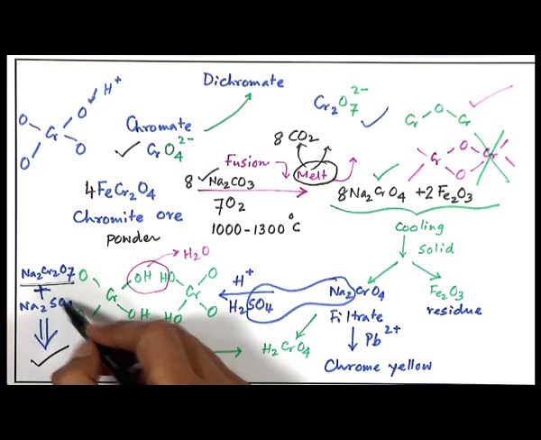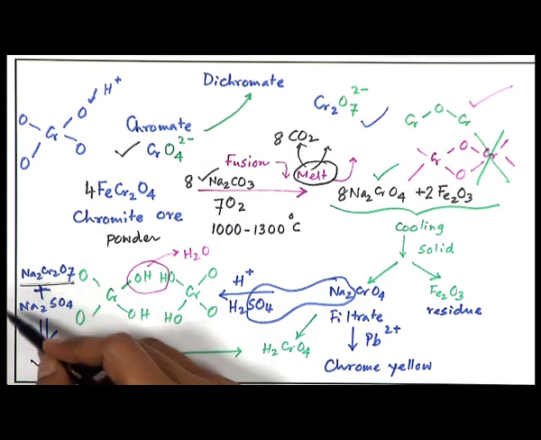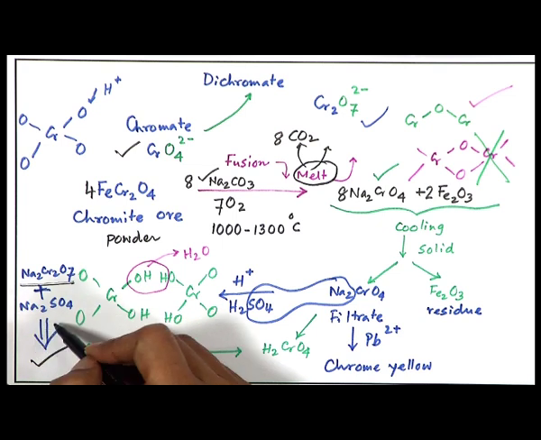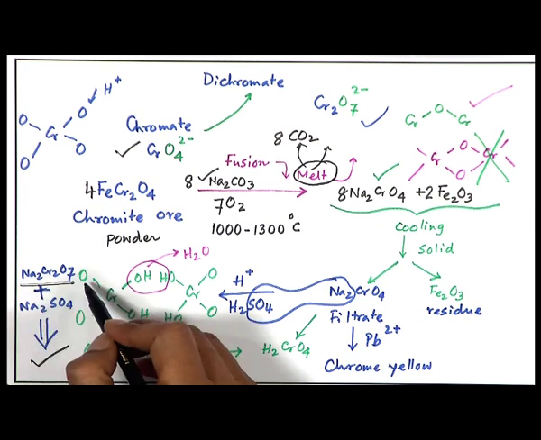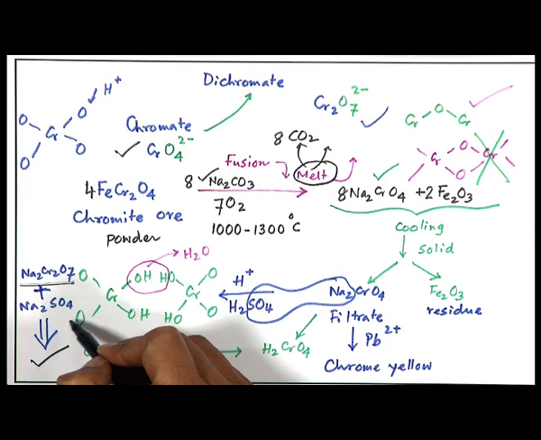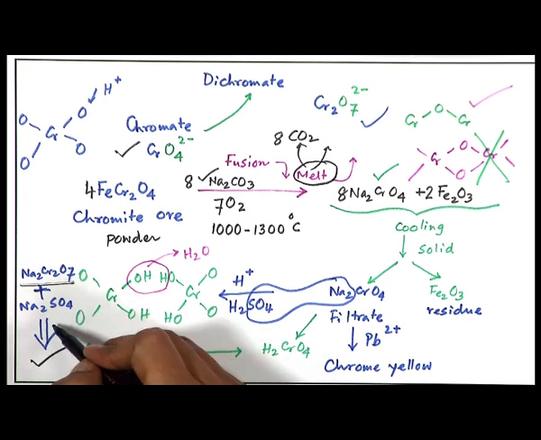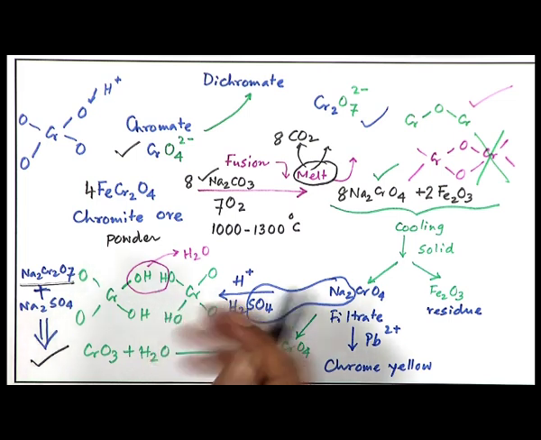The sodium sulphate, which has higher solubility, will stay in solution, and only the sodium dichromate can be separated out. So, the solubility difference helps us in the separation of sodium sulphate from sodium dichromate.